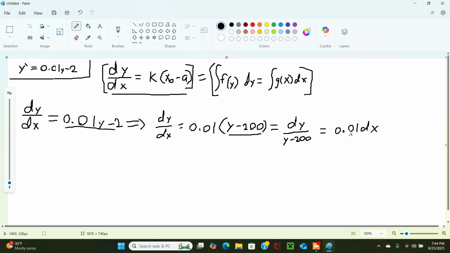And if we integrate both sides, we then get the natural log of y minus 200 is equal to 0.01x.